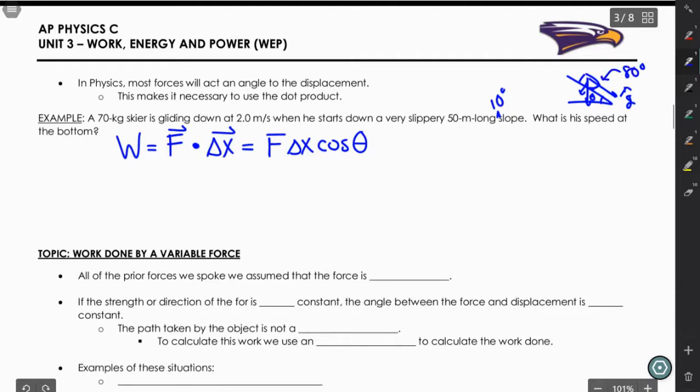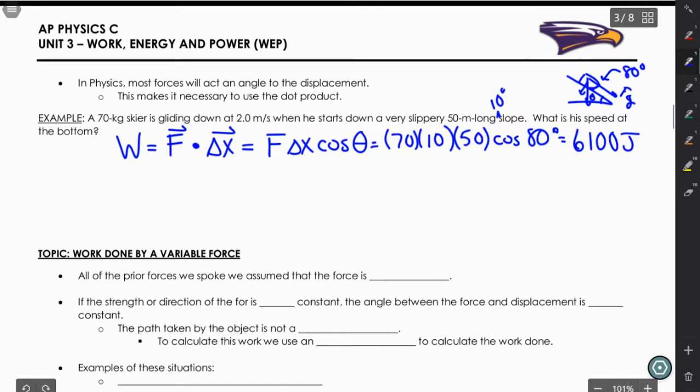That allows us to use the cosine in this orientation. So we're just going to do 70 times 10, because that's our force, the weight, times 50, which is how long the slope is, cosine 80 degrees. That's going to be an answer of 6,100 joules.